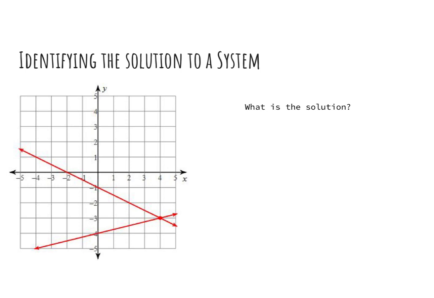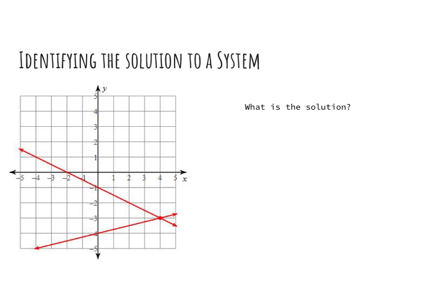Once we're able to graph one line, we can easily graph 2 lines on the same coordinate grid. And this means that when I have two lines drawn, there is a system of equations because the two lines are working together to find a solution. So there are three types of solutions when we're talking about systems.